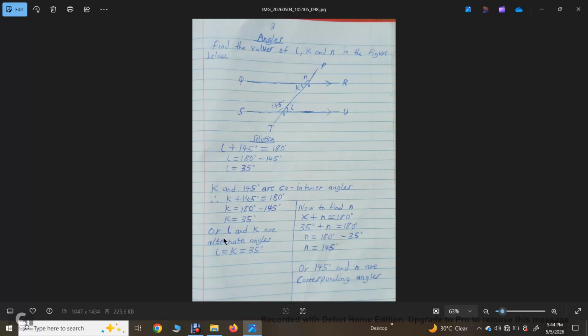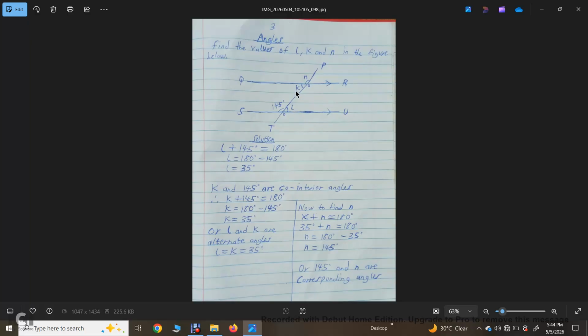L and K are alternate angles. L is equal to K is equal to 35 degrees. These are alternate angles, and this angle and this angle are also alternate angles. Notice very well, they are the same.